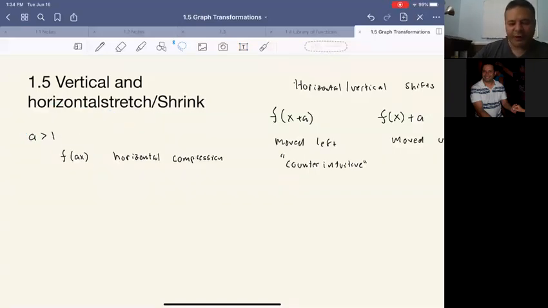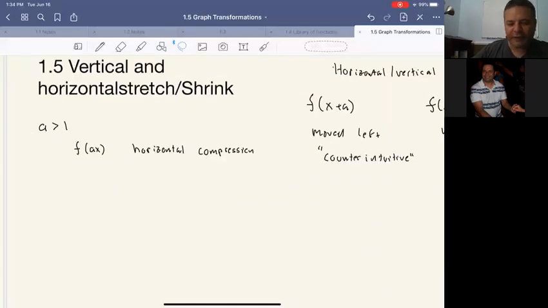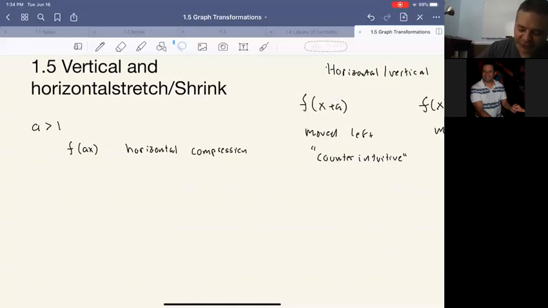So if a is bigger than 1, f of ax is going to be a horizontal compression. A times f of x is going to be a vertical stretch.